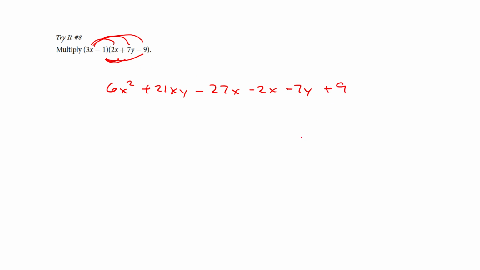And I get this. Once again, these look like my only two terms I can combine. So -27 and -2, -29. And there we go. Okay, that was short and sweet.